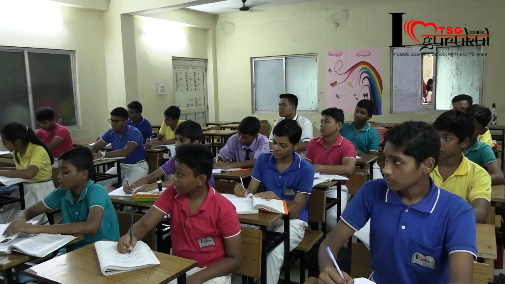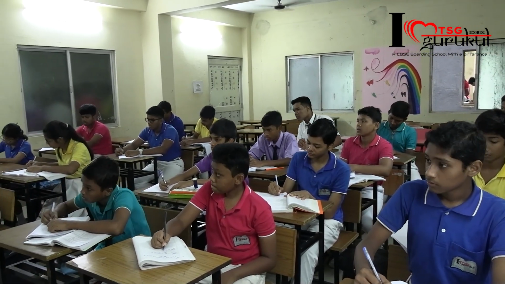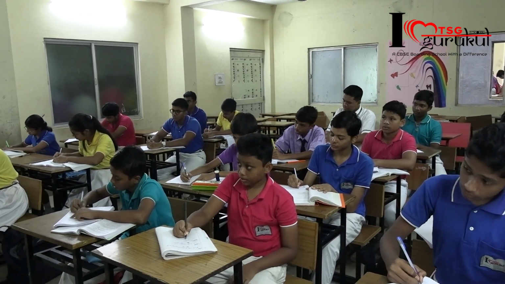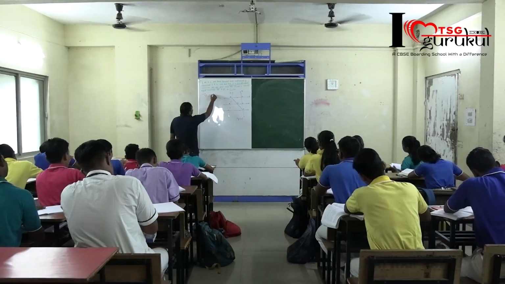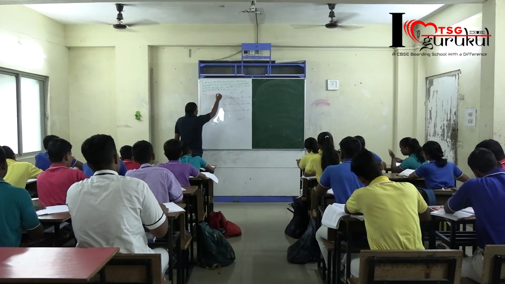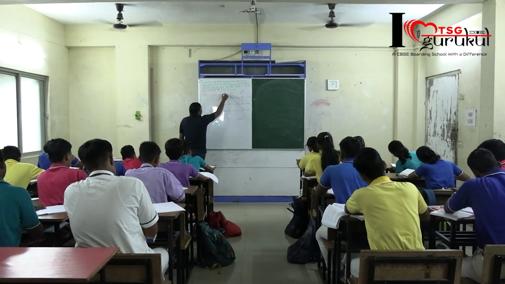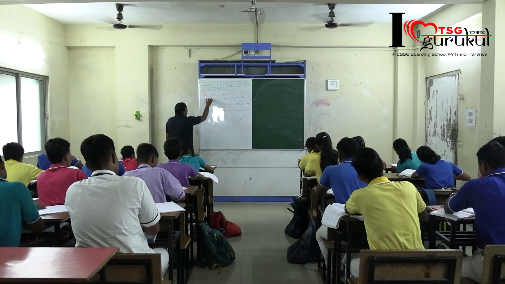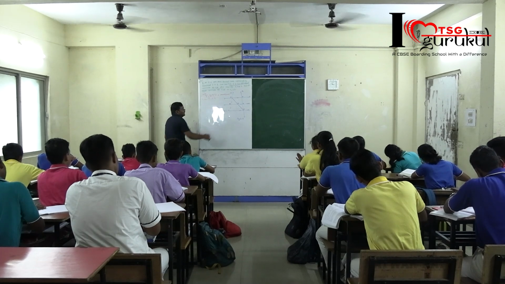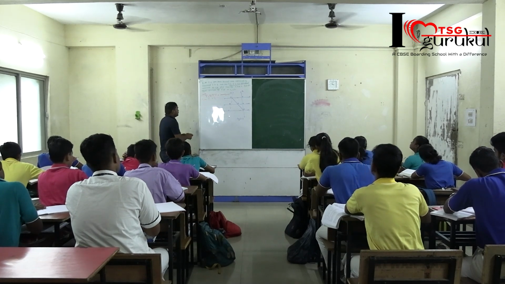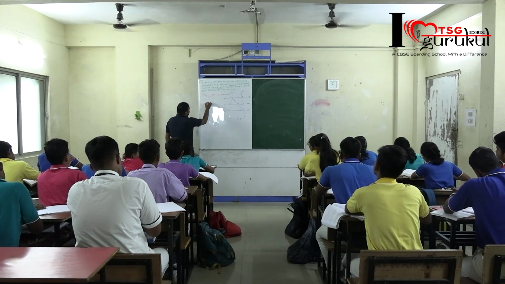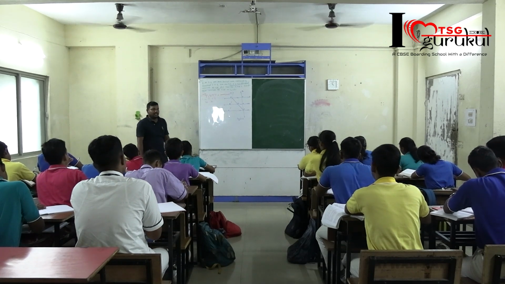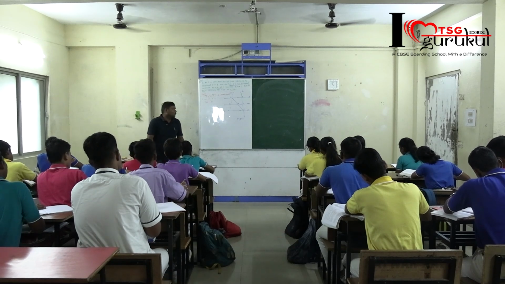First write the given values. Line L is parallel to line M, parallel to line N, and P and Q are transversal lines. Also given AB equals BC, that is, B is the midpoint of AC.